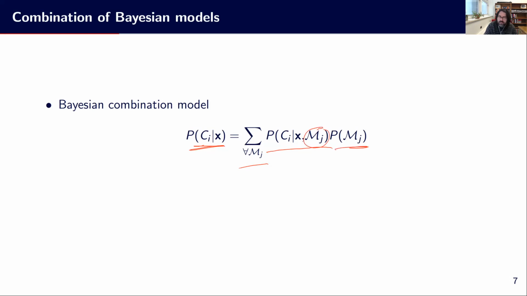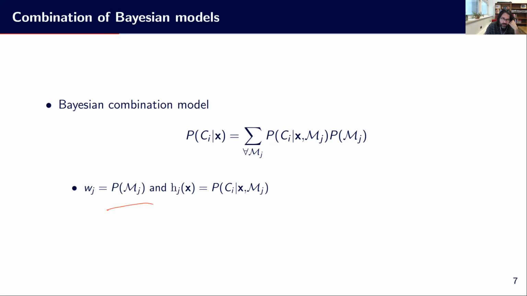And we multiply this with the prior, which is the prior probability on model J. And this prior can be explained somehow as the weight or the expertise or the relevance of a given model for this ensemble decision. So we have WJ that can be stated as basically the prior over the model MJ. And we have the H, which can be here simply the posterior probability of that model over the sample X.